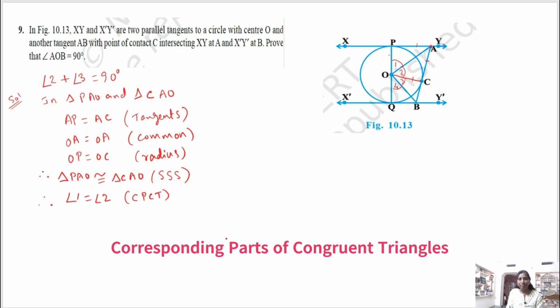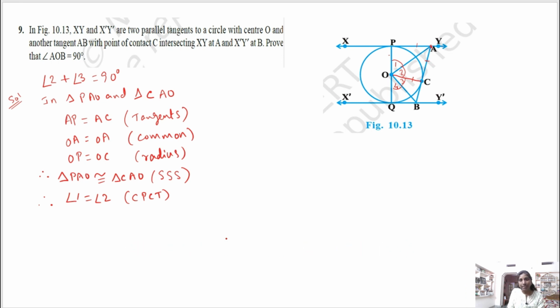Let us name it equation number 1, because we will use it further. In the same way, now we want to prove that angle 3 is equal to angle 4.